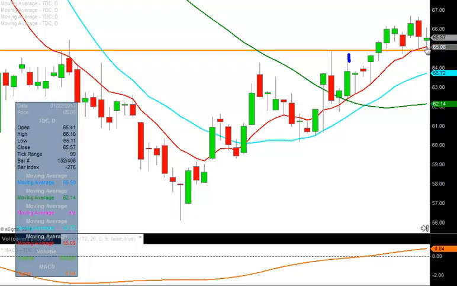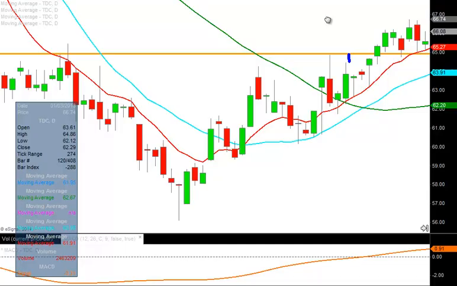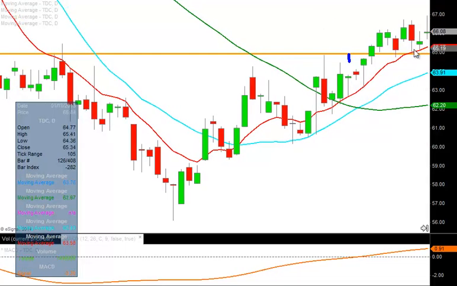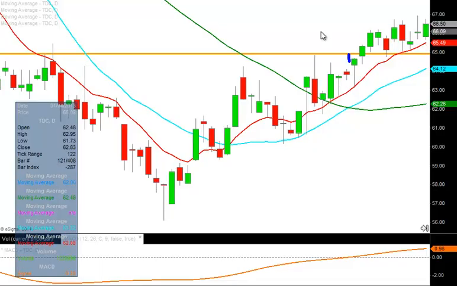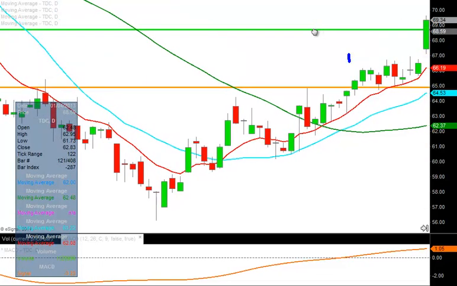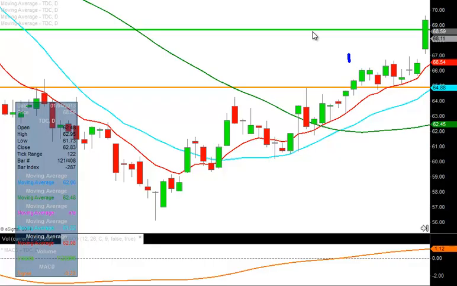So pretty darn close again, but still hanging on. The power of the 10 EMA. And then here it starts to separate from it again. Here it's close, but you can see still hanging on. And then right there, so gotta love that 10 EMA. It was close many times, but even the people that didn't use a cushion would have still been in there. And then here comes this nice explosive move.